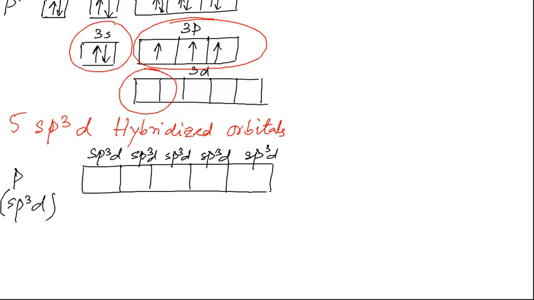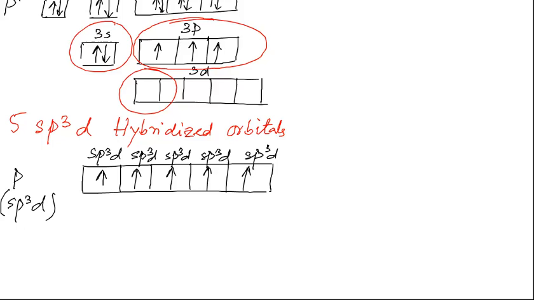There are a total of 5 electrons to be distributed. One electron from the 3s level is excited and put in the vacant d orbital, so there are 5 electrons in a total of 5 sp3d hybridized orbitals.